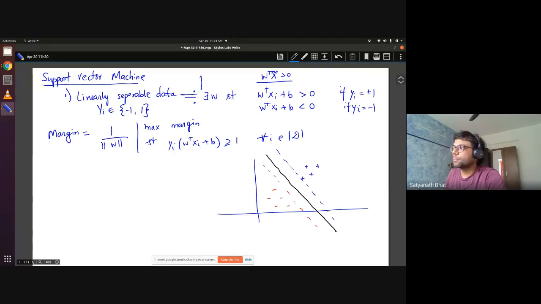These three hyperplanes: this outer one is W transpose X plus B is equal to 1, this one is W transpose X plus B is equal to 0, and the inner one is W transpose X plus B equal to -1. So these are the margins, right?